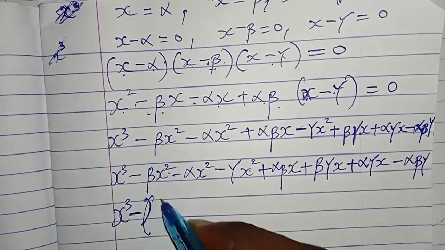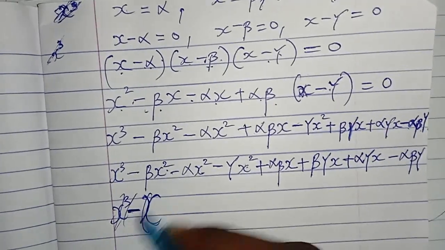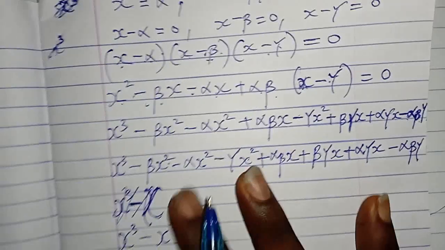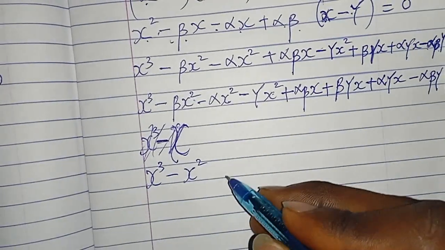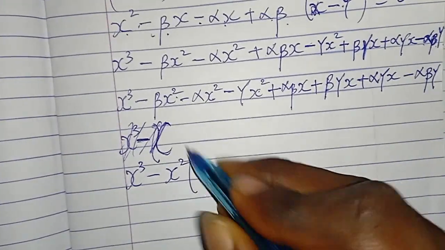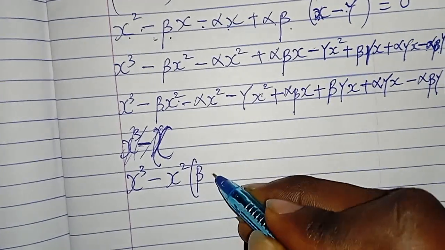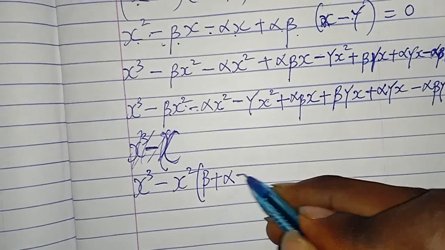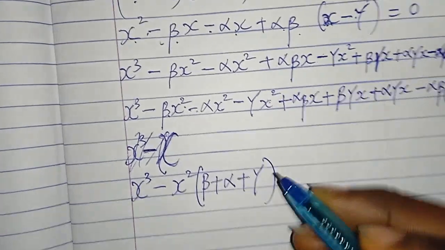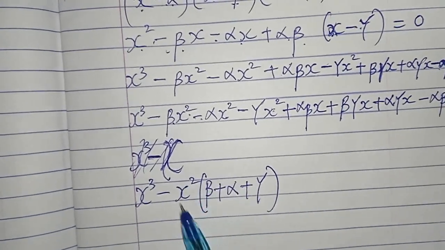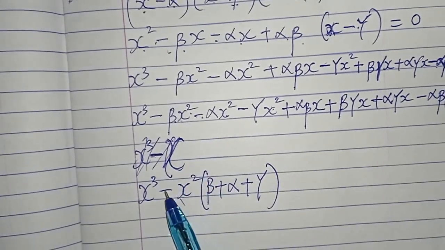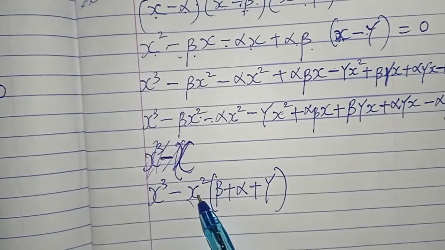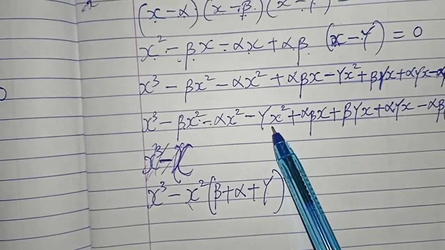So I bring minus x squared out: beta plus alpha plus gamma. So when you multiply minus x squared by this, you get this, and minus x squared times gamma, you get this.